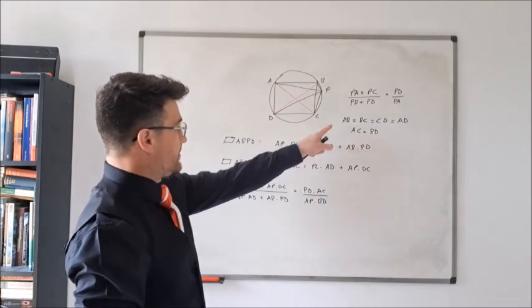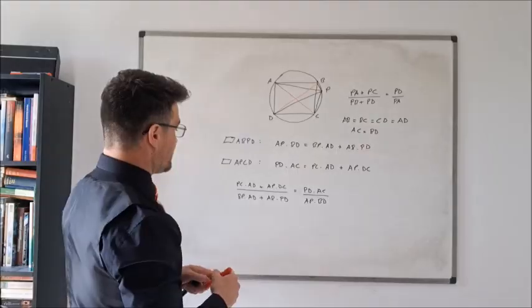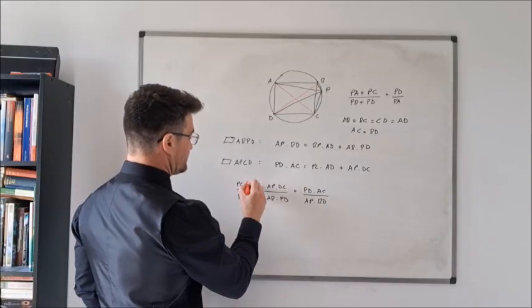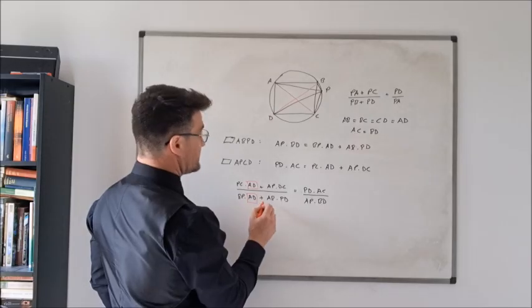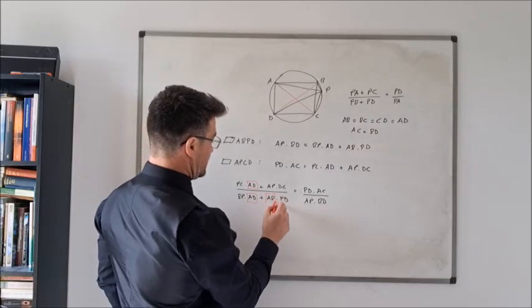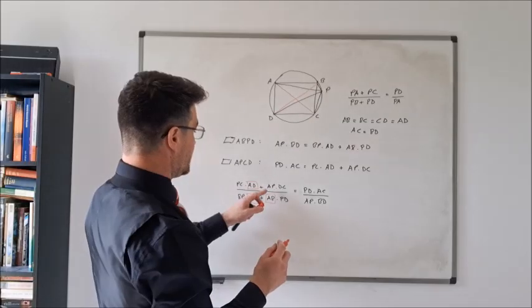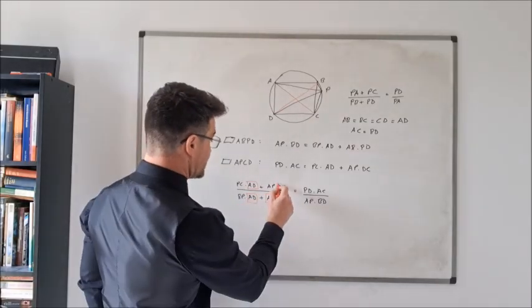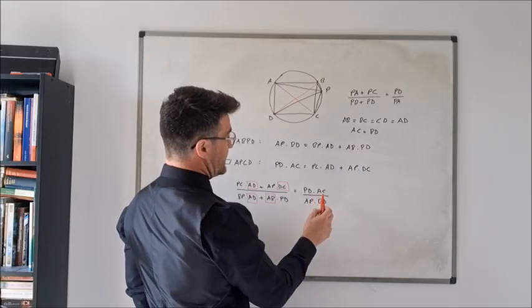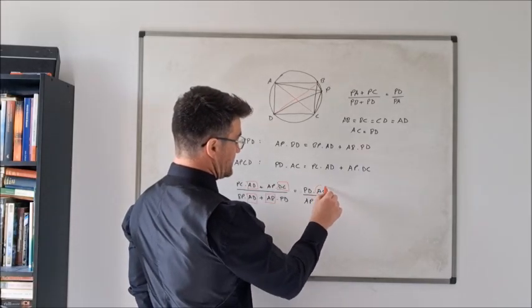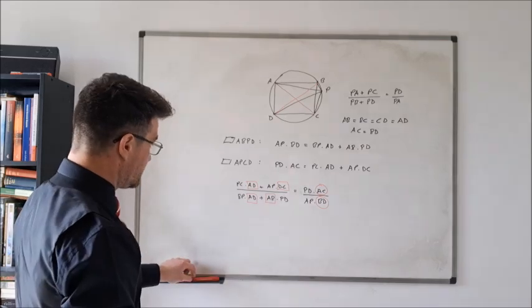Okay, and then we're going to need to use some of this information up here. So we know that, for example, AD, AB are all equal, AP and DC, sorry, of course. And then over here, we've got that AC and BD are equal.